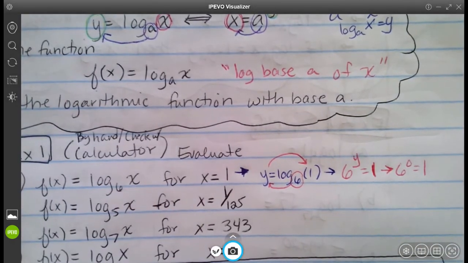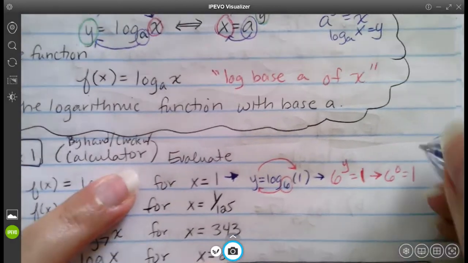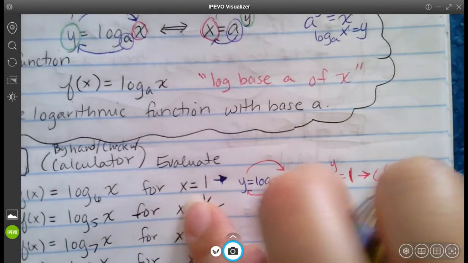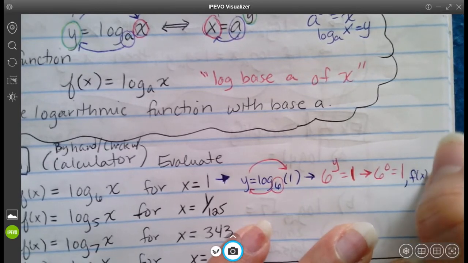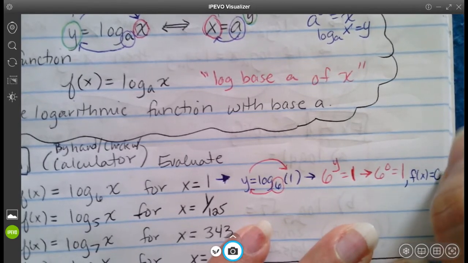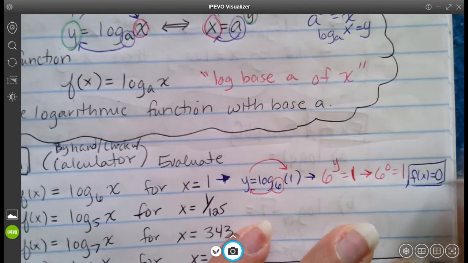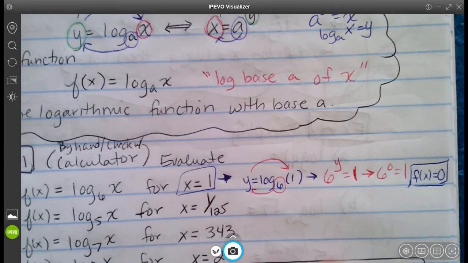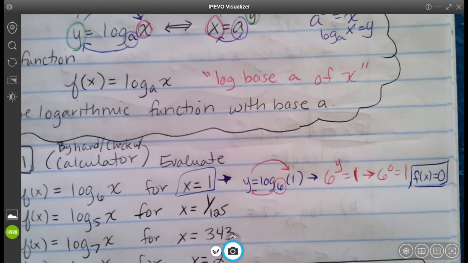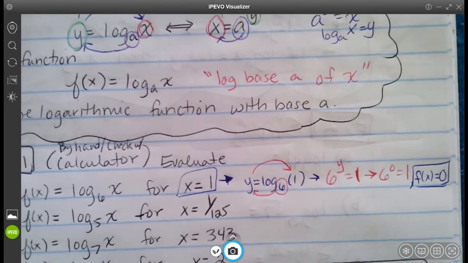Which means in this first example, f of x would be equal to 0 when x equals 1. So if you were graphing it, you would put the point (1, 0).